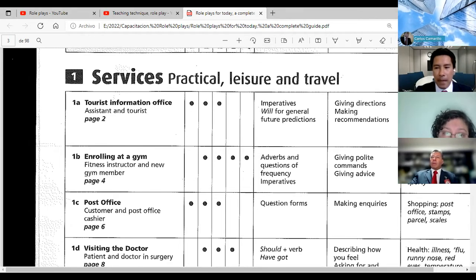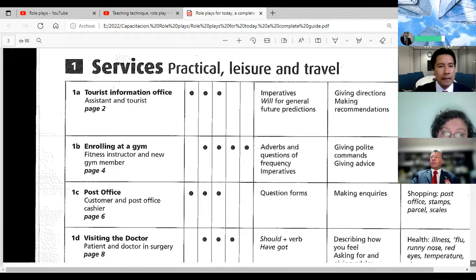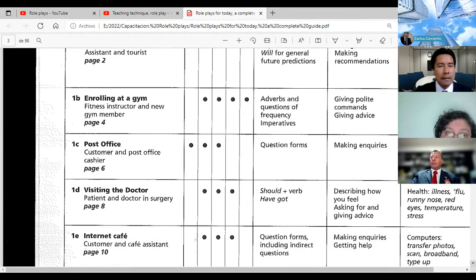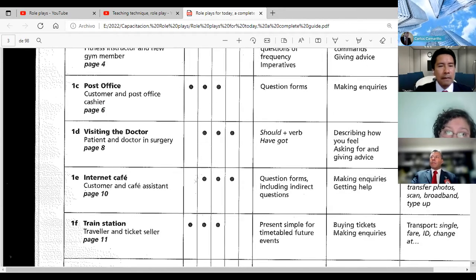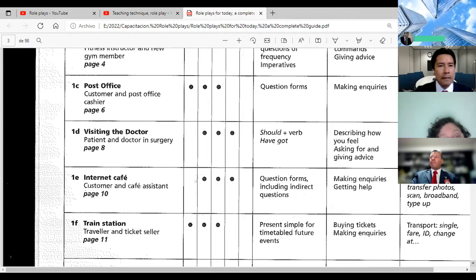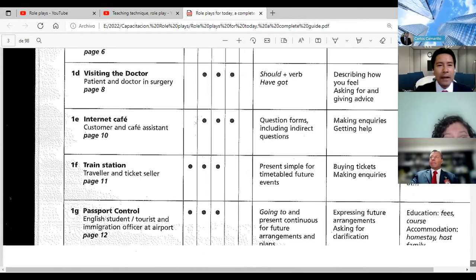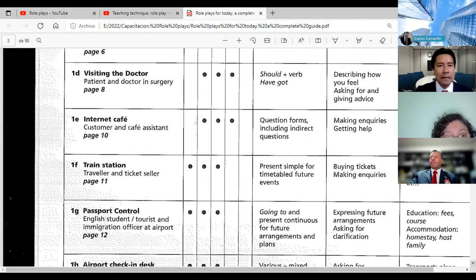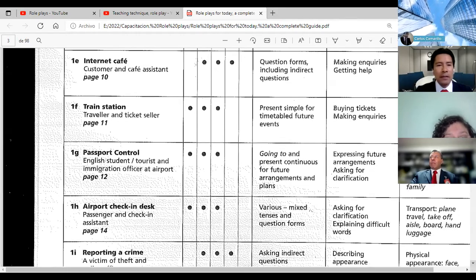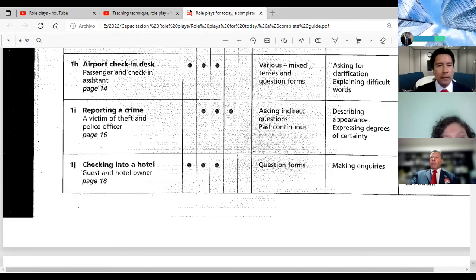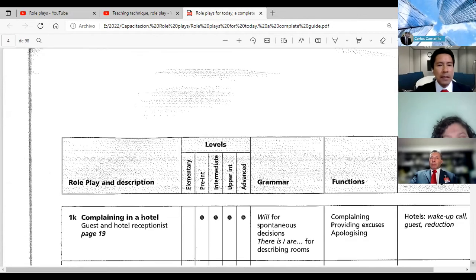Enrolling at a gym, fitness instructor, and new gym member. Post office, customer and post office cashier, visiting a doctor, patient and doctor in surgery, internet cafe, customer and cafe assistant. That's it. Thank you, Carlos. It's only to prove that you could read this, you could see my screen.